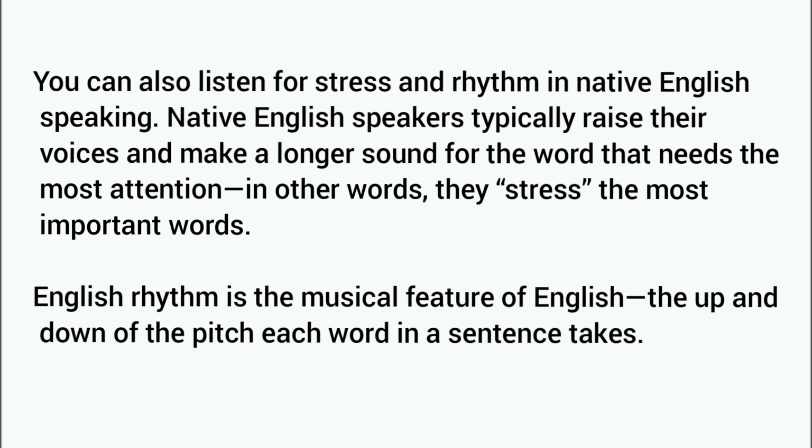You can also listen for stress and rhythm in native English speaking. Native English speakers typically raise their voices and make a longer sound for the word that needs the most attention. In other words, they stress the most important words. English rhythm is the musical feature of English, the up and down of the pitch each word in a sentence takes.